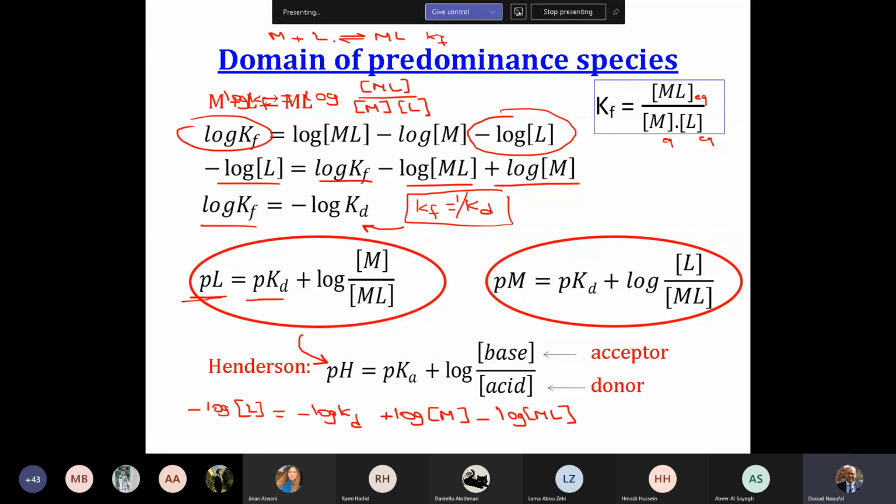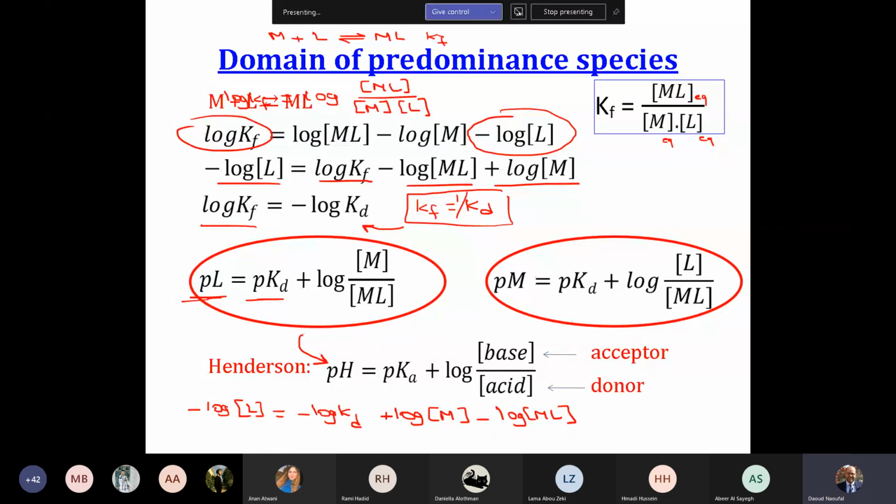If I suppose that L is the particle exchanged, the acceptor is M and the donor is ML. If I suppose that M is the particle exchanged, it becomes PM equals PKd plus log L, L being the acceptor of M, divided by ML.